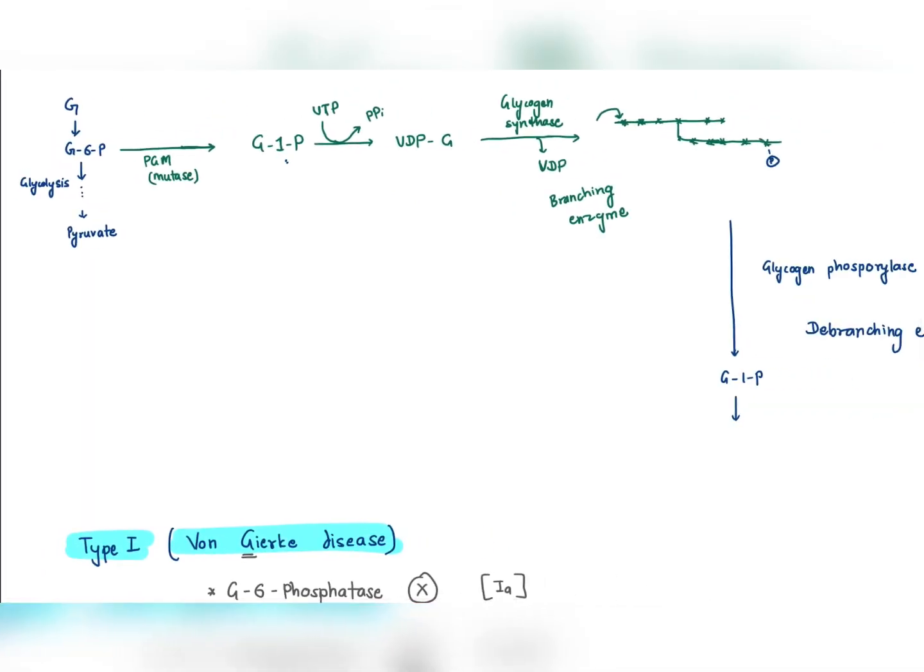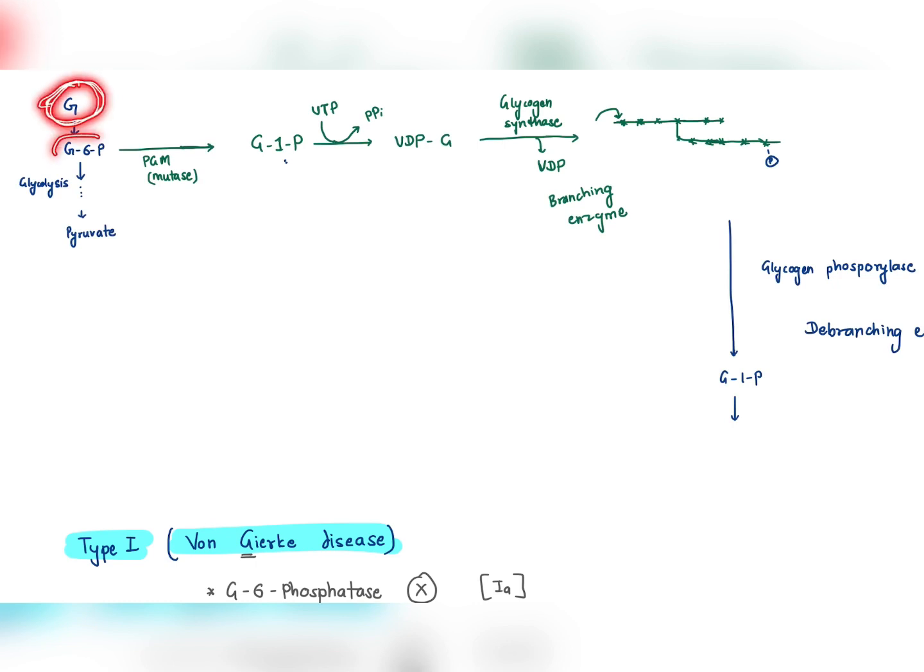First of all, in the fed state, glucose comes into the circulation and is converted to glucose 6 phosphate. When there is excess glucose 6 phosphate, it gets diverted away from glycolysis for future use. The first enzyme that acts is phosphoglucomutase, forming glucose 1 phosphate.